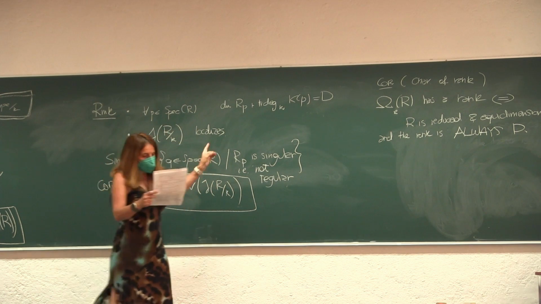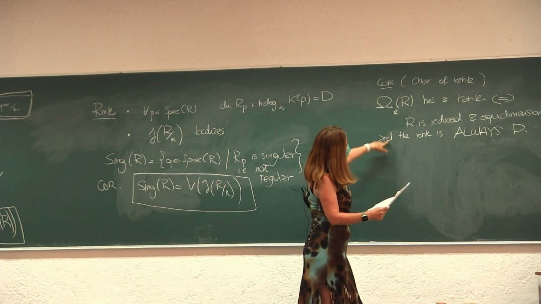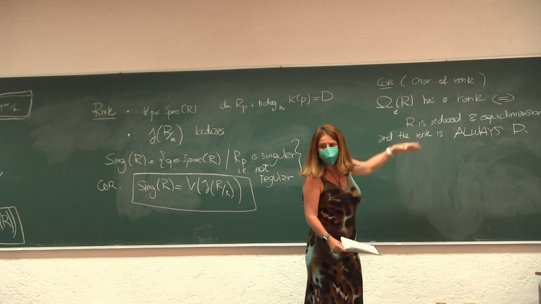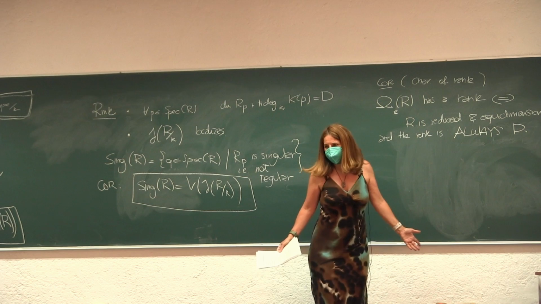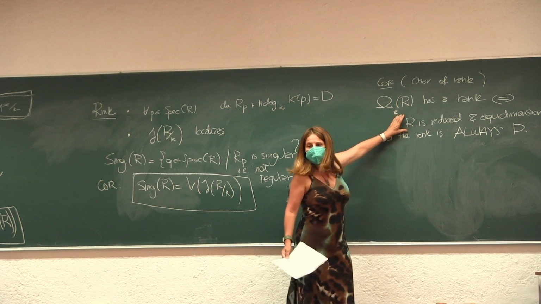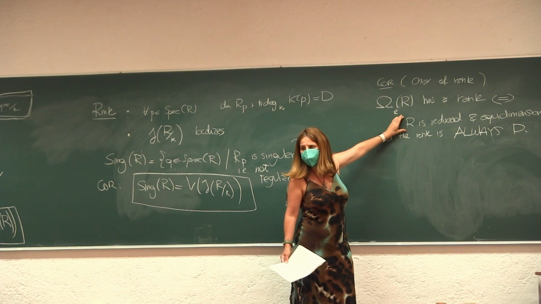So now you are done, because at the minimal primes, being reduced means that it is free. So this condition is equivalent to the fact that R localized at P is free for every minimal prime of R.